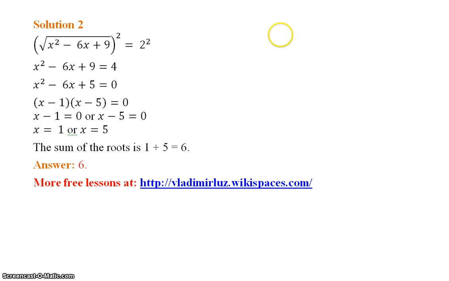Of course, you can solve this equation by squaring both sides. Square root being squared gives you the radicand, the expression which stands under the radical sign. So we get x squared minus 6x plus 9 equals 4.